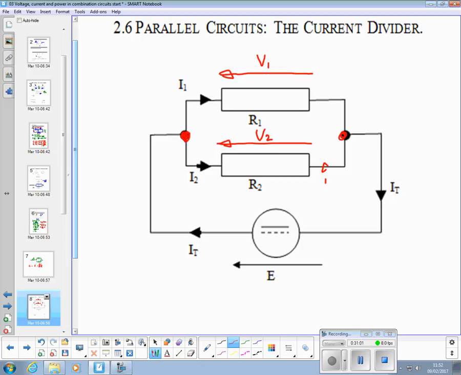We've got I2 flowing there, because everything that goes in comes out the other end. We've got I1 flowing there, but here those two currents add together again to become IT and all flow back to the source. So a parallel circuit divides current. Voltage is the same.